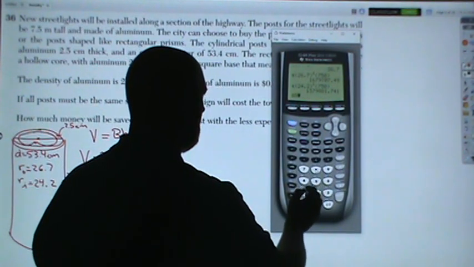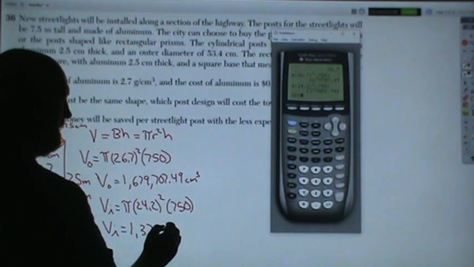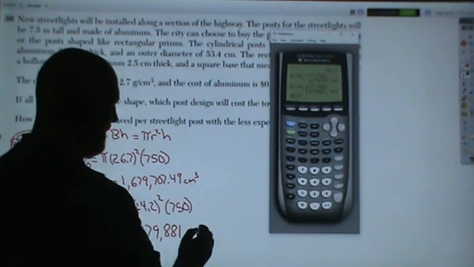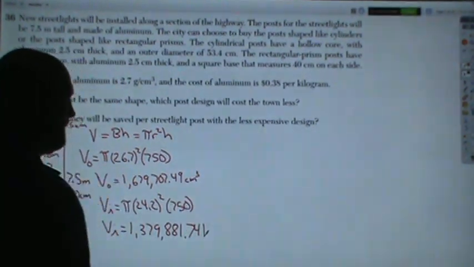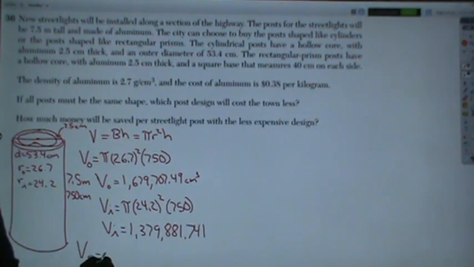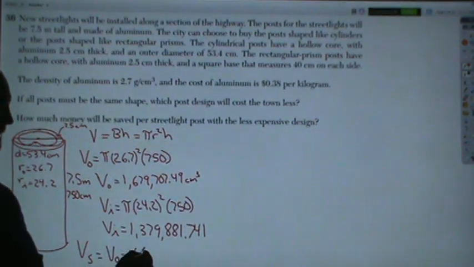Here I'm going to come out with 1,379,881.741. So for the volume of the shell, that'll be equal to the volume of the outer minus the volume of the inner.